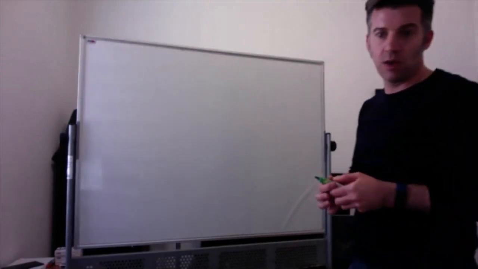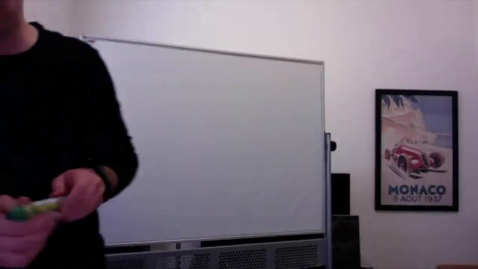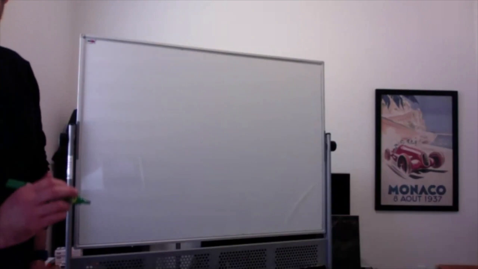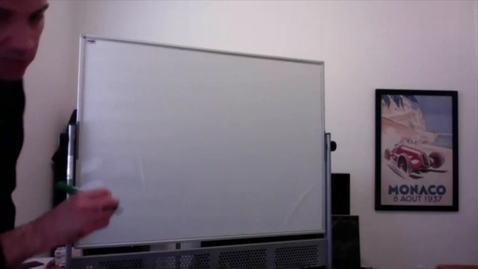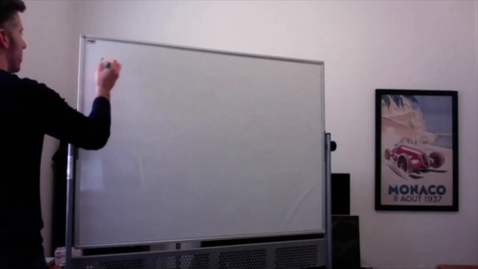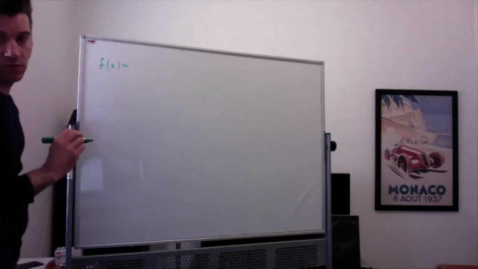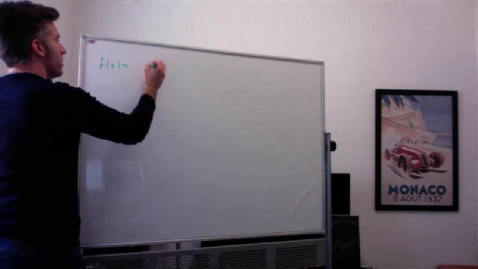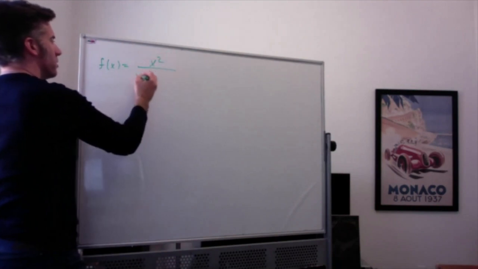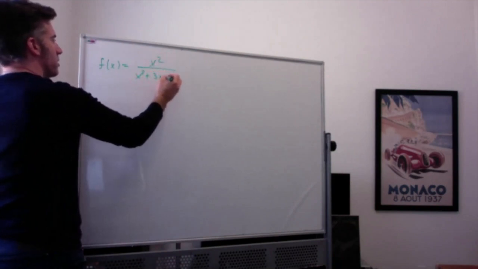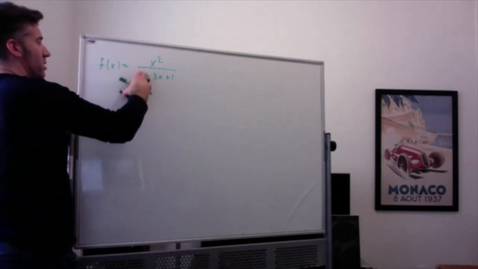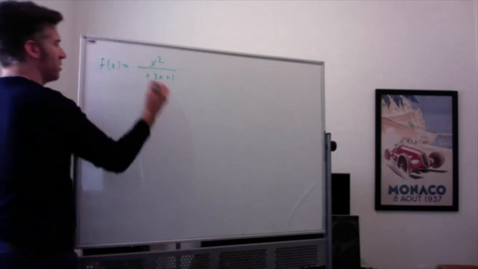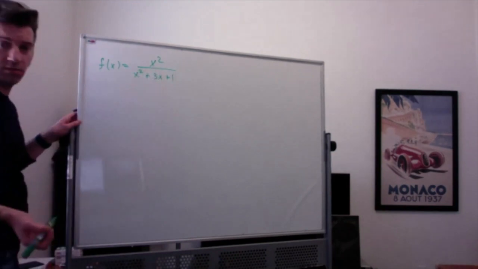So let's see here. Actually, just a few not-graphing examples quite yet, but let's look at just a couple. Let's say we have f of x equal to x squared over x squared plus 3x plus 1. Does the function have a horizontal or a slant asymptote, or neither?